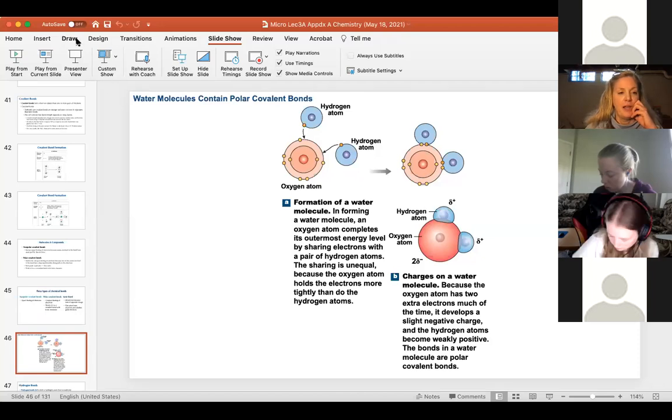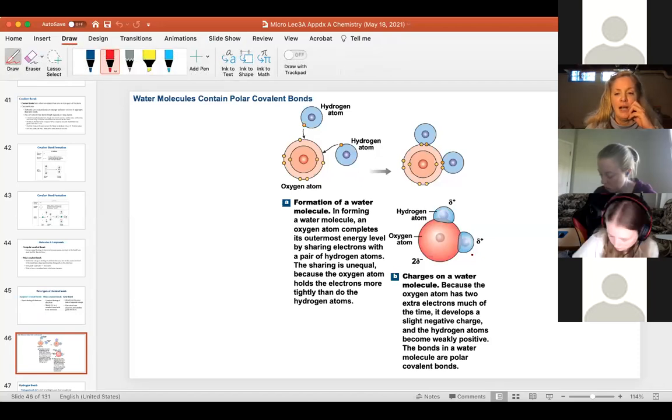So if I were to go back here and draw this in, I would say this up here would be delta negative, partially negative, delta meaning partial, not a full negative charge, but a partial negative charge. And this is going to draw these electrons to spin much more around the oxygen atom and not so much around the protons or the hydrogen part.